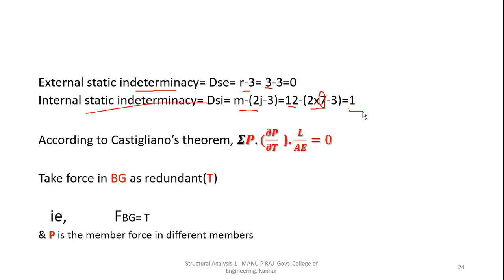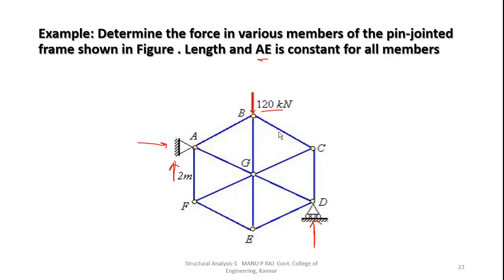Let BG be this additional member. That is, if we remove BG and replace it with a force T, where T is the member force in BG, then BG is the redundant member, that is, the additional member.